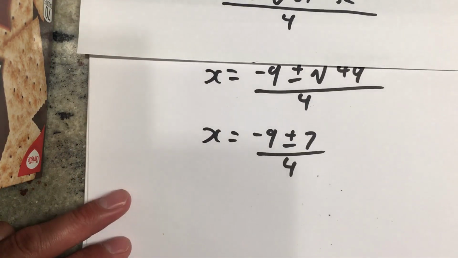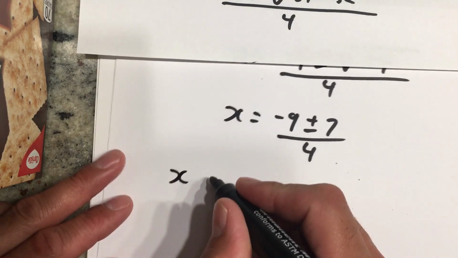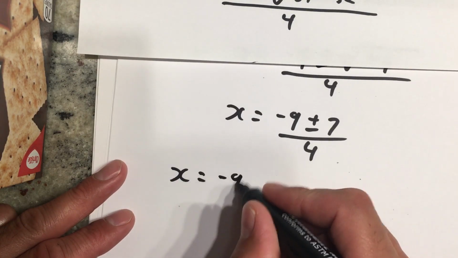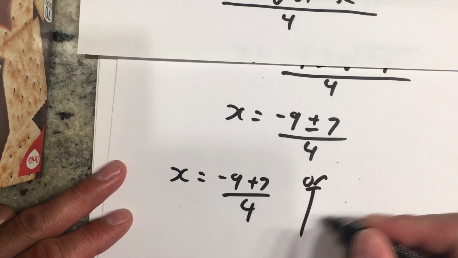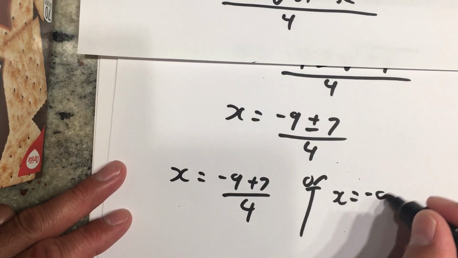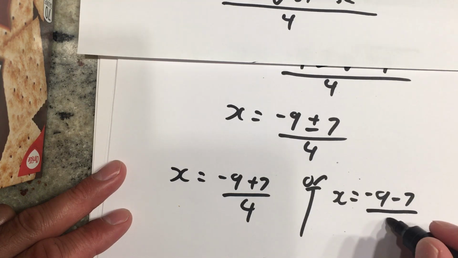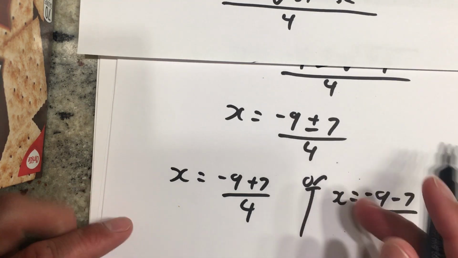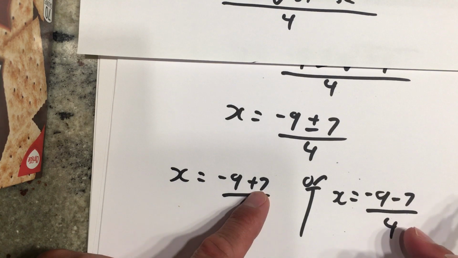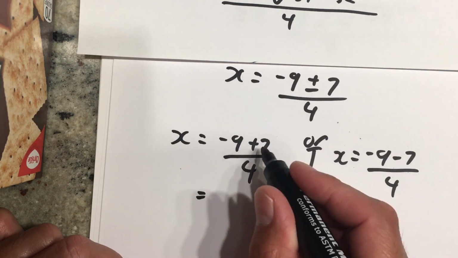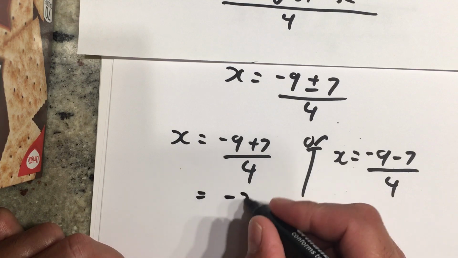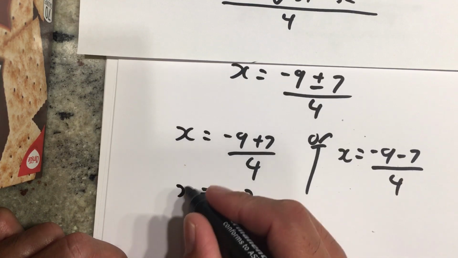This is where we split this into two. x is equal to negative 9 plus 7 over 4, or x is equal to negative 9 minus 7 over 4. So that plus or minus really means we got two equations, one where it's plus, one where it's minus. Negative 9 plus 7 is negative 2, so this is negative 2 over 4.